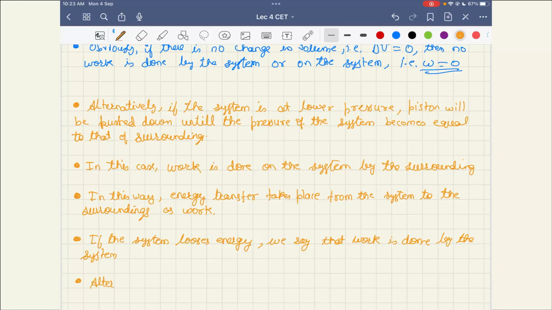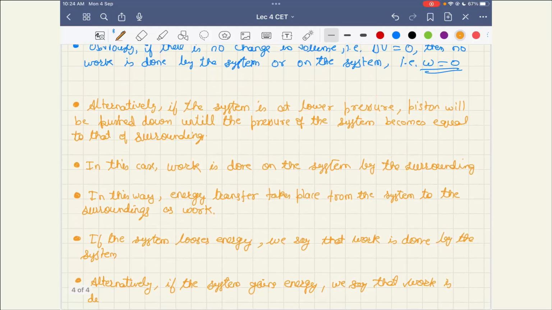Alternatively, if the system gains energy, we say that work is done on the system, right?